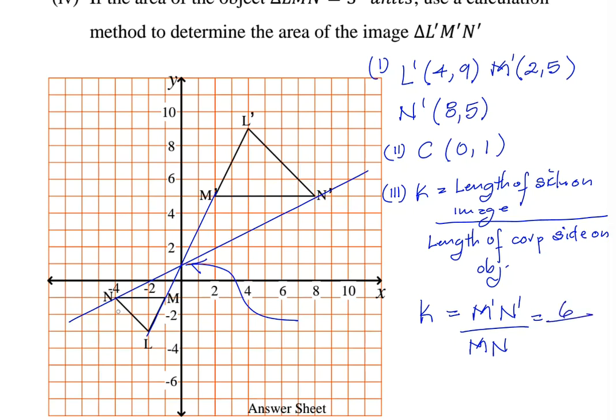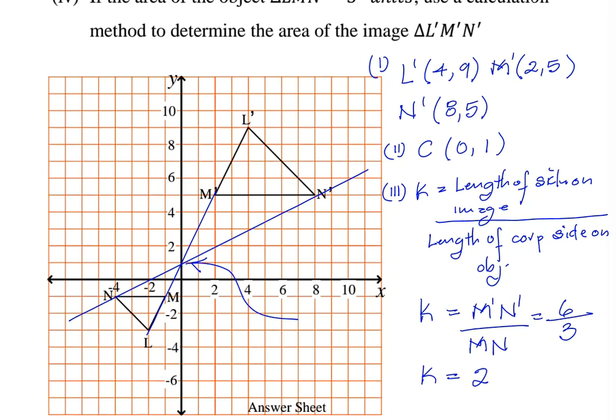And MN is 1, 2, 3 units. 6 divided by 3, so the scale factor K is equal to 2. Let's correct that. It's actually equal to minus 2. And it's equal to negative 2 because the object and image are on opposite sides of the center of enlargement.